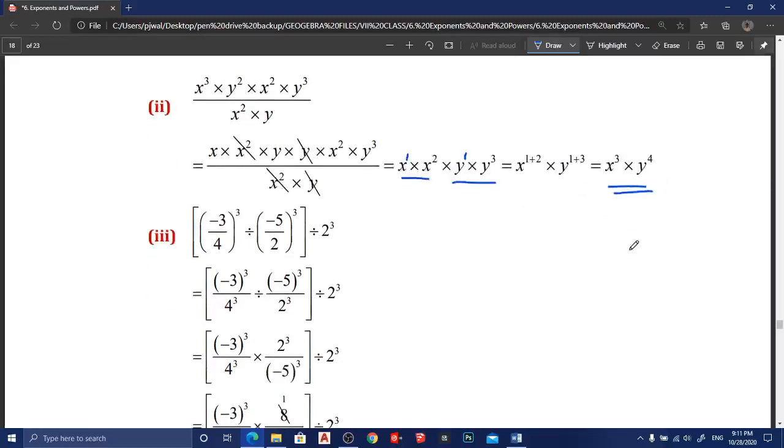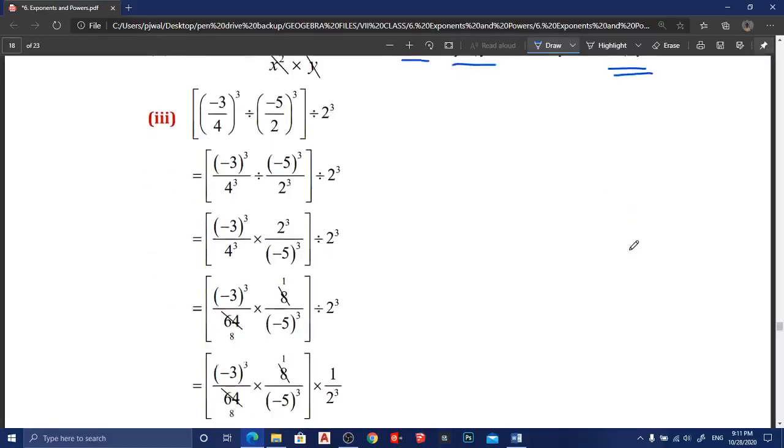Next, minus 3 by 4 whole cube divided by minus 5 by 2 whole cube divided by 2 cube. If you observe here, only the powers are equal but the bases are different.